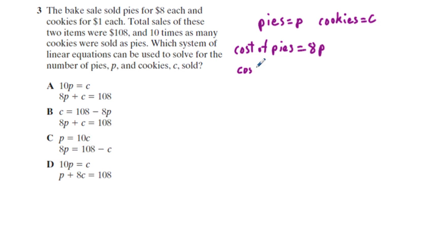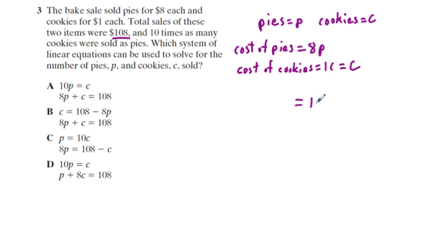Cost of cookies is going to be 1 times the number of cookies. So 1C, which is going to be equal to C. Okay, and so we need 2 equations here. We know the total sales of these items was $108.